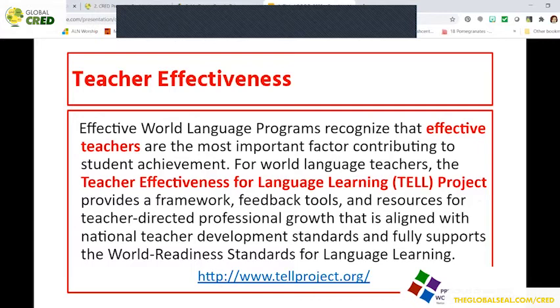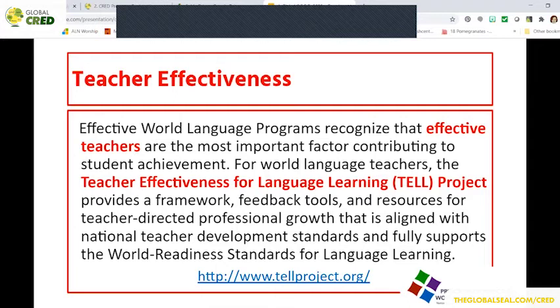For world language teachers, the Teacher Effectiveness for Language Learning, or the TELL project, provides a framework, feedback tools, and resources for teacher-directed professional growth that is aligned with national teacher development standards and fully supports the World Readiness Standards for Language Learning. And if you have not seen the TELL project, you may check that out at tellproject.org.